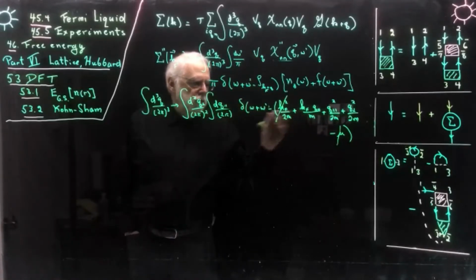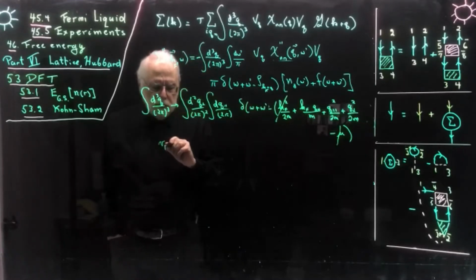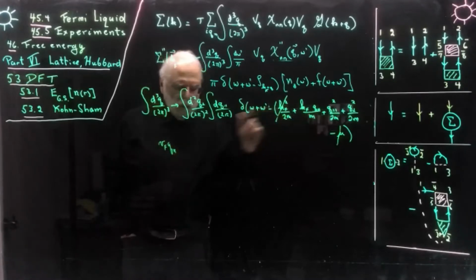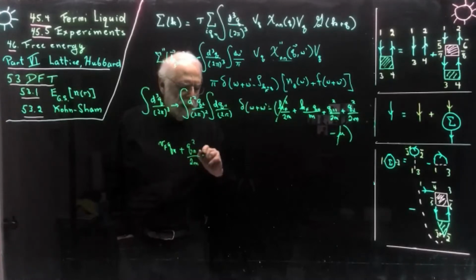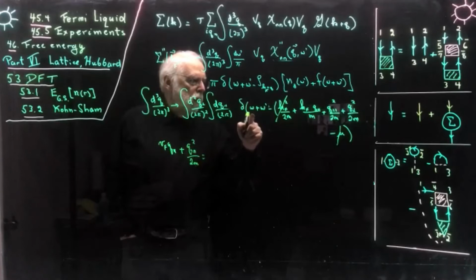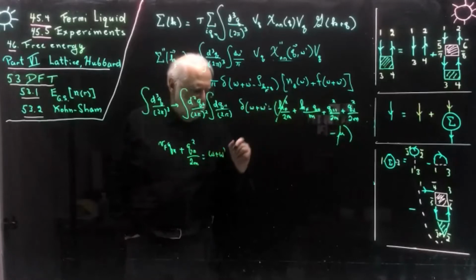This is v Fermi times q parallel plus q parallel squared over 2m is equal to omega plus omega prime minus q perpendicular squared over 2m.